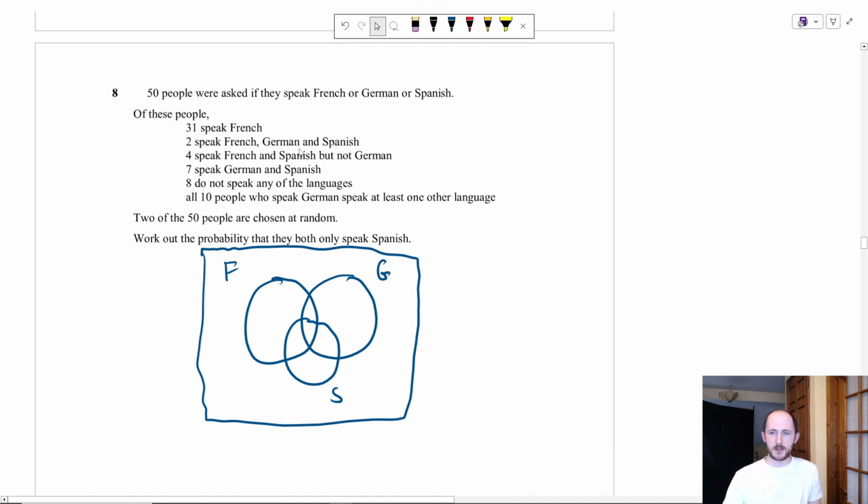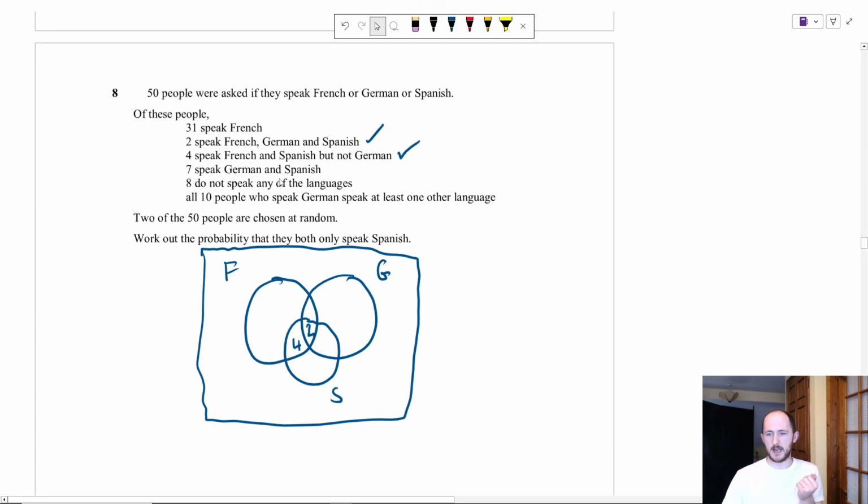So look for the all one, which is French, German, and Spanish, because that's going to be right in the middle, because they study all three languages, the maniacs. Then I can't really do the French one yet, so you look for whatever one has less of an overlap. So in this case, French, Spanish, but not German would be a good one. That would be this part here, and that's 4. I want to tick it off as I go along.